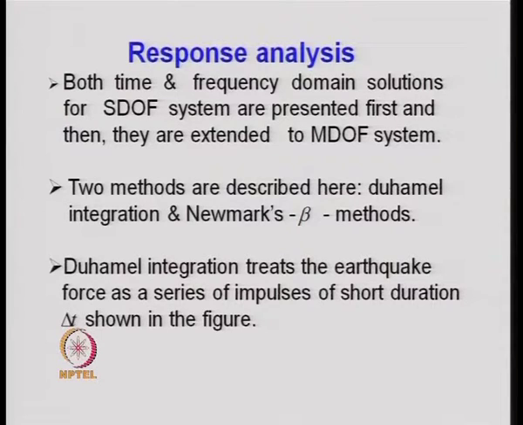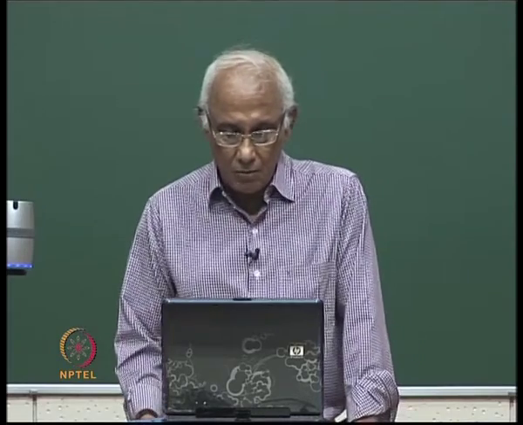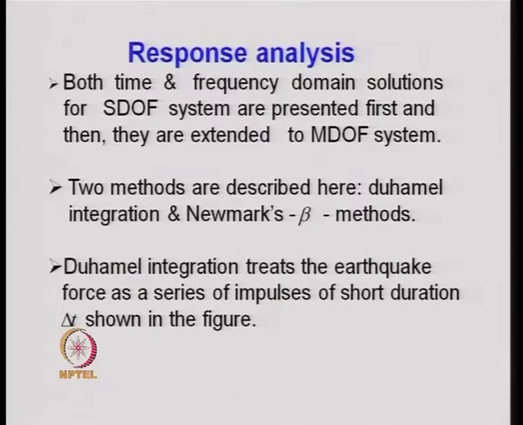Now, once we are able to write down the equation of motion in the different forms that I described, that is in the state space form and as an ordinary differential equation, in terms of relative displacement and in terms of total displacement, then we come to how we can solve these equations.